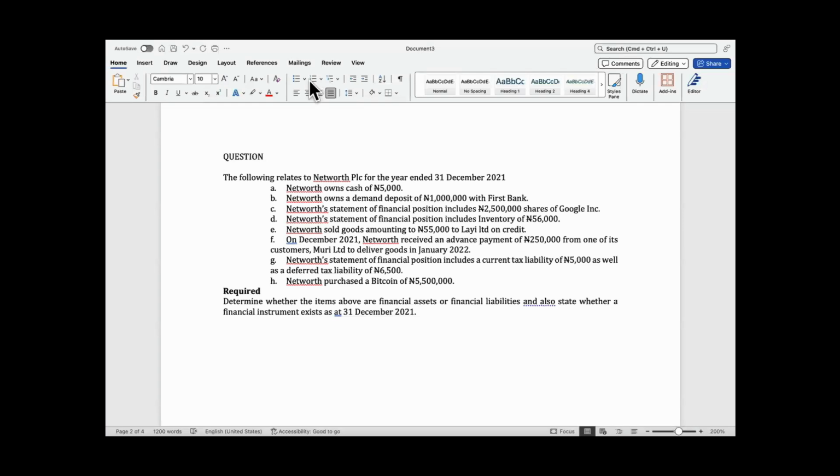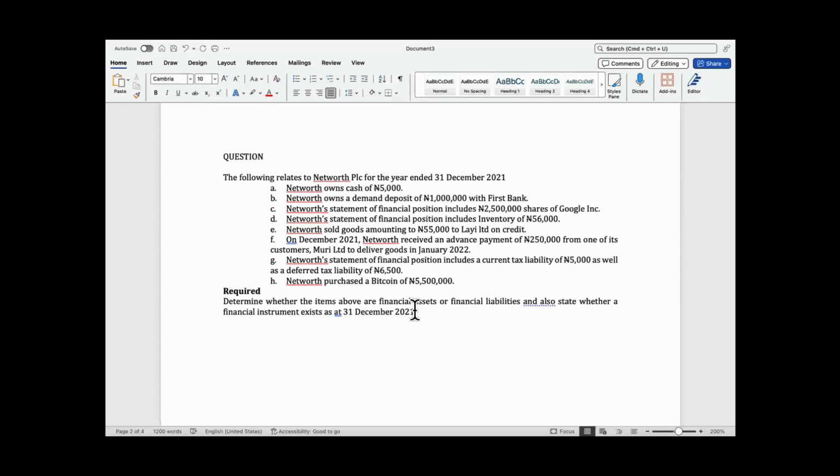Thank you very much. It says, if you look at the requirement of this question, determine whether the items above are financial assets or financial liabilities, and also state whether a financial instrument exists as at the year end. So this question is not a single question, it is two in one. There are two questions here.